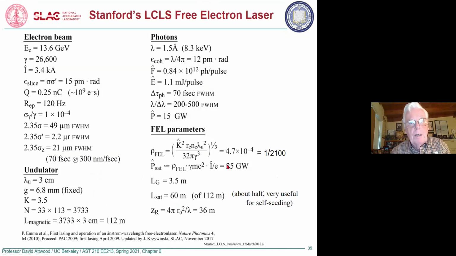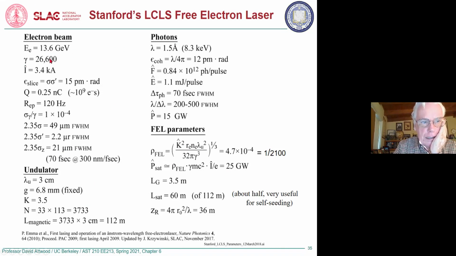Here's a summary that I made from their papers about the electron beam, the undulator, the photons, and the FEL parameters. So let's look at this for a moment and then have maybe a discussion about this. The electron energy is 13.6 GeV, so gamma is really high, okay?